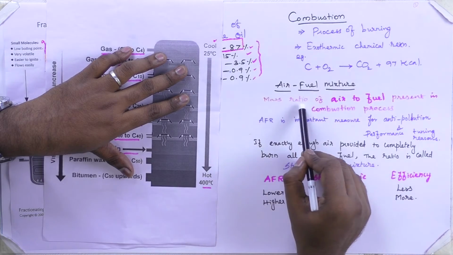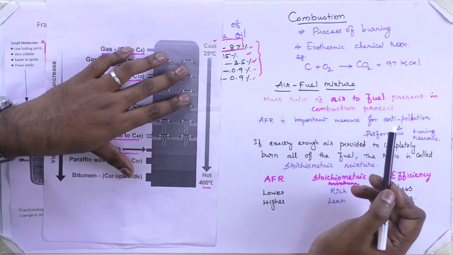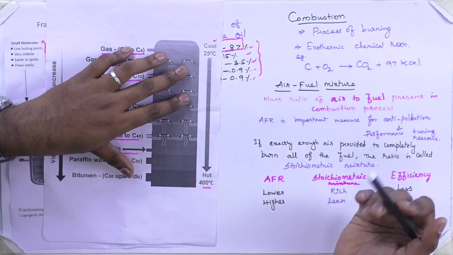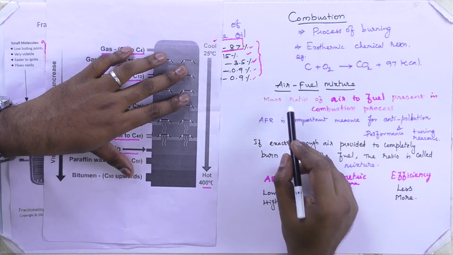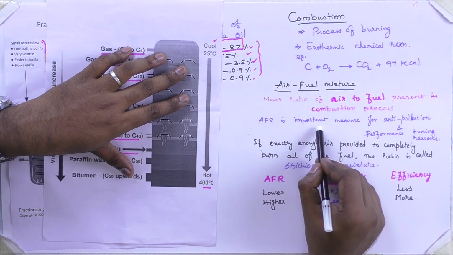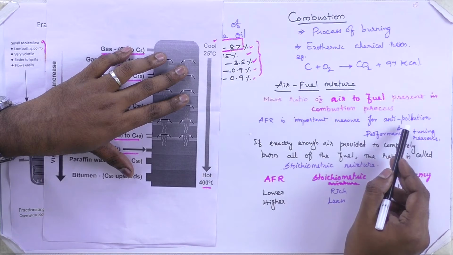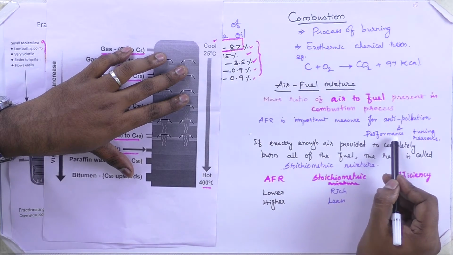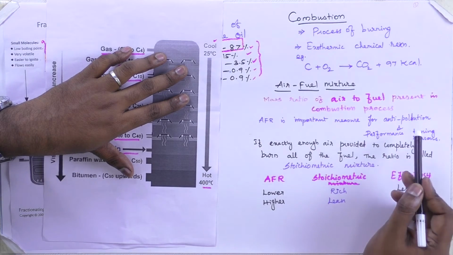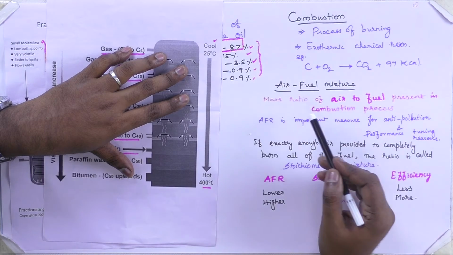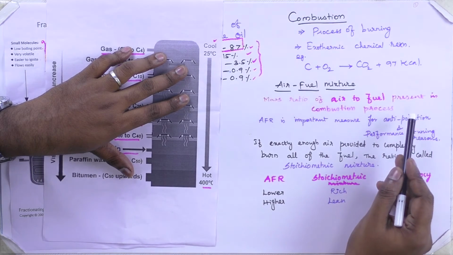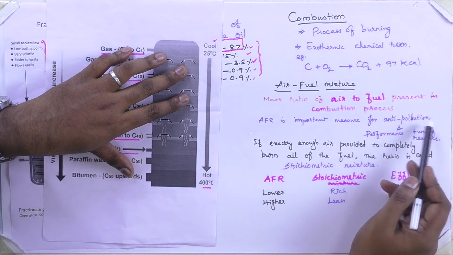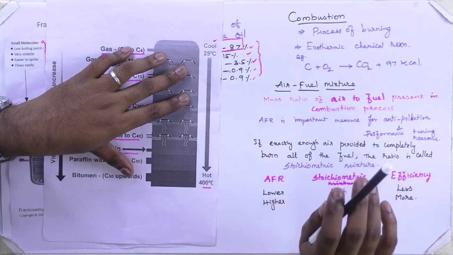We have to know the mass of the air and fuel, then find the ratio. Air fuel ratio is an important measure for anti-pollution and performance tuning reasons.